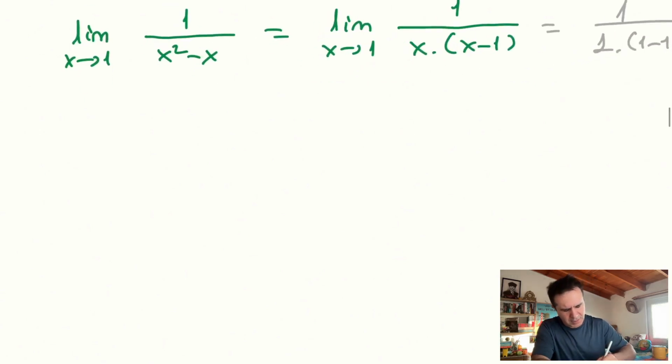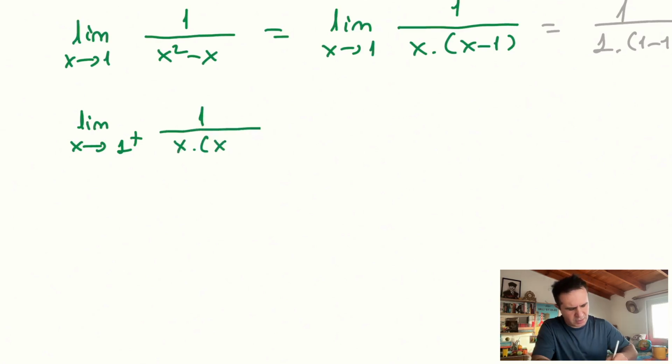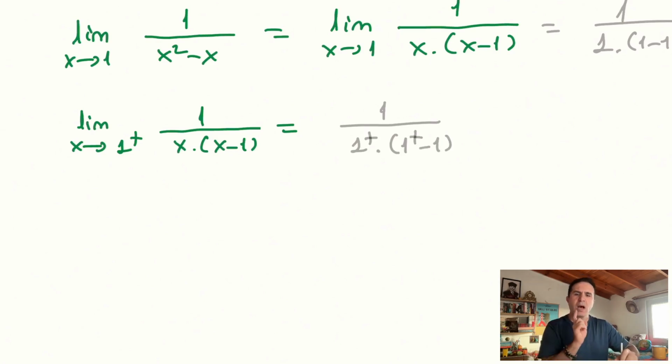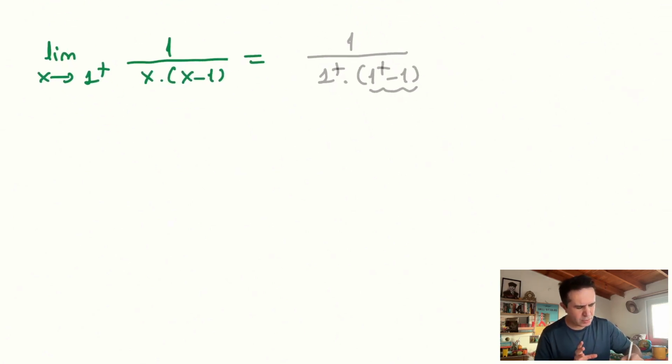Okay, now the limit as x approaches 1 from the right hand side of 1 over x times (x minus 1) is equal to 1 over 1 plus times (1 plus minus 1). 1 plus minus 1 here is equal to 0 plus.